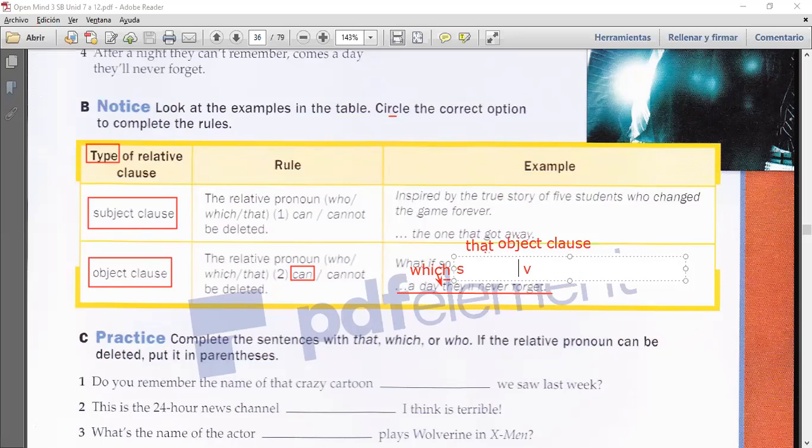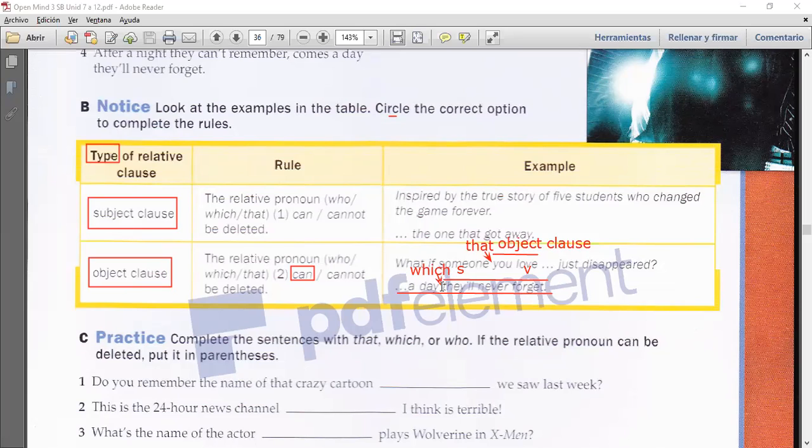Obviously, never is the adverb of frequency. Okay, subject and a verb. They will never forget. A day which they will never forget. What do we have? We have here the subject, and the relative pronoun is deleted.